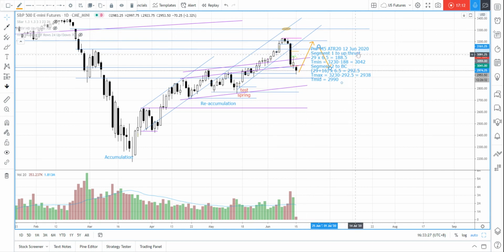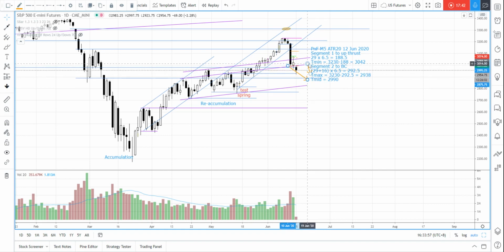It just consolidates within this range, from 3230 down to 2920, something like that. Or it could have this kind of movement, a bit sloping down, and the trading range could go from like 3100 to a bit sloped down like 2930. So it could do something like that.